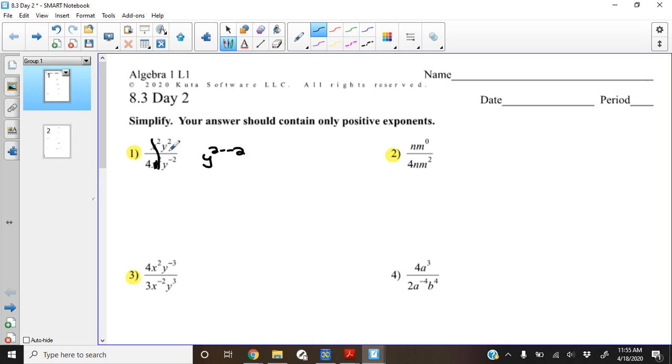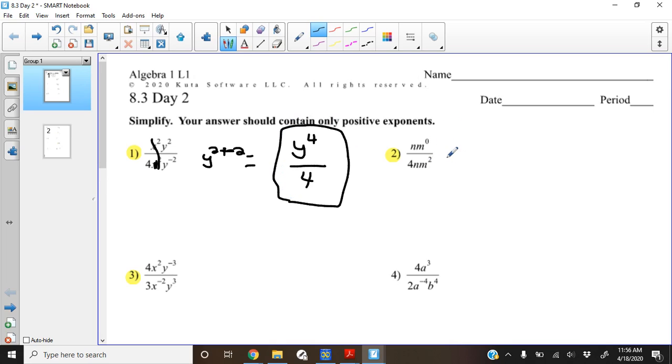So the base was y, the first exponent was 2, and then you subtract negative 2. But double negative turns to positive. So that really becomes y to the fourth. So now we have y to the fourth over 4. And that's our final answer.